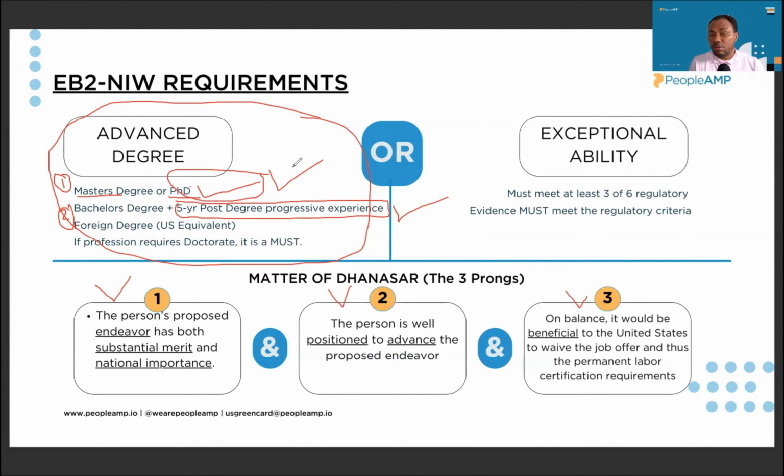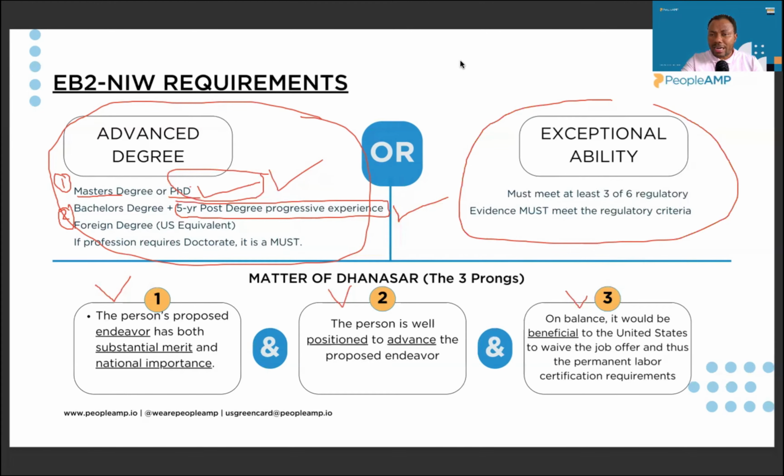And these people maybe never went to a university, or never even had an advanced degree. Now, does it mean they are not exceptional talents? The answer is no, because several of them are actually exceptional talents. So what USCIS tried to do is that the policy handbook now defined that if you don't have a master's degree, and you don't have the bachelor's degree with 5 years of work experience, then you can actually prove exceptional ability.